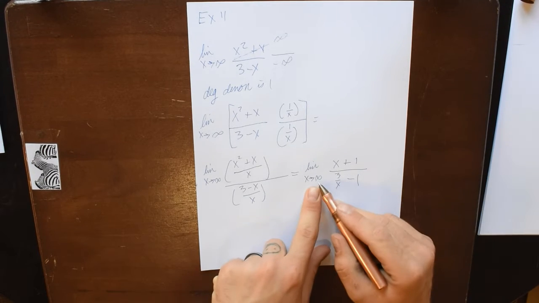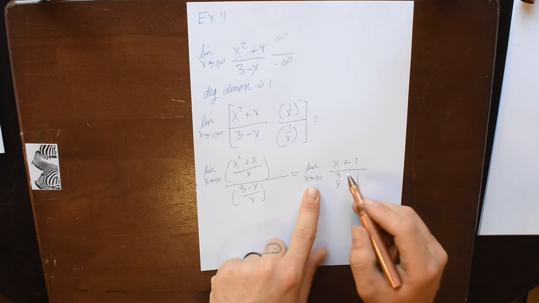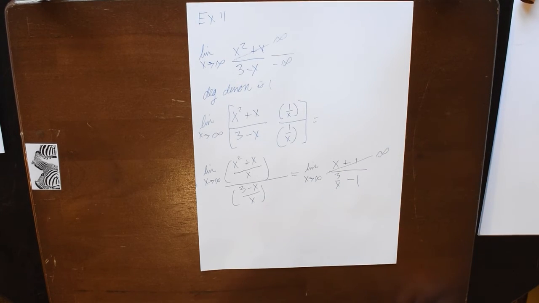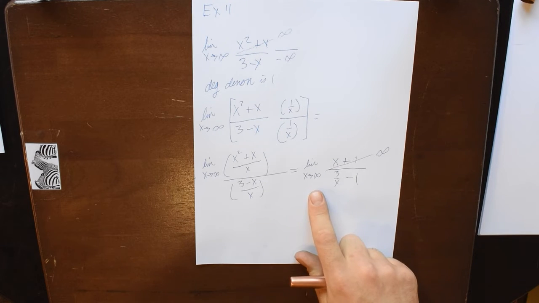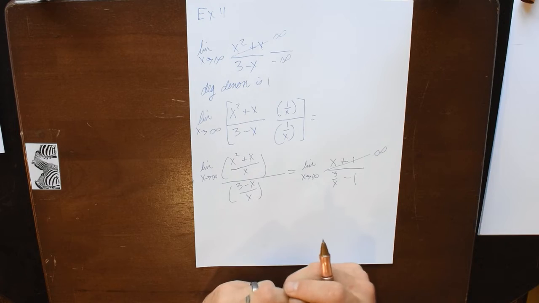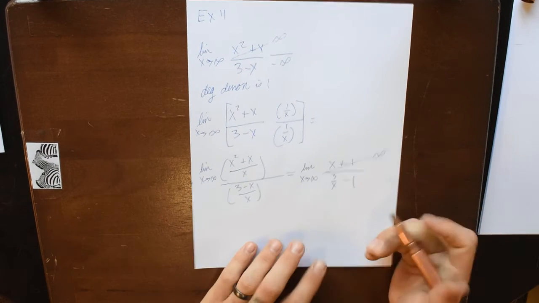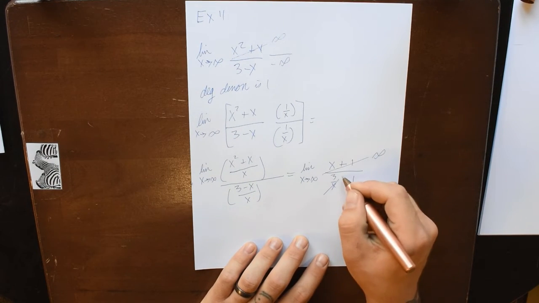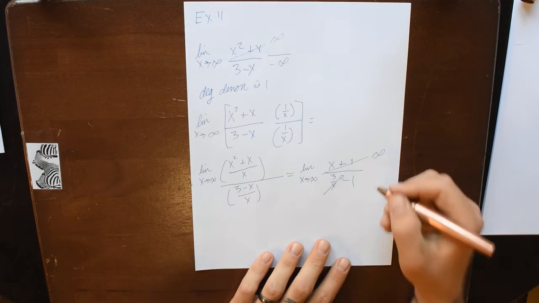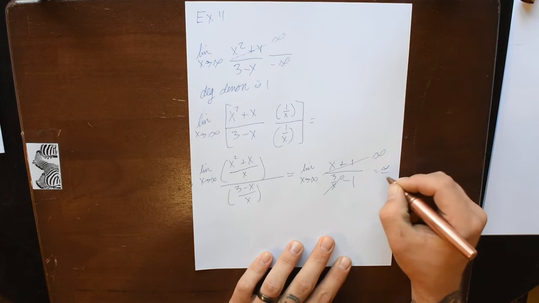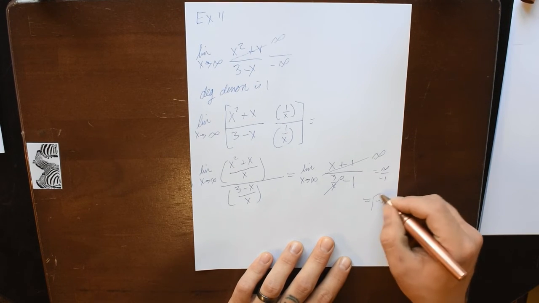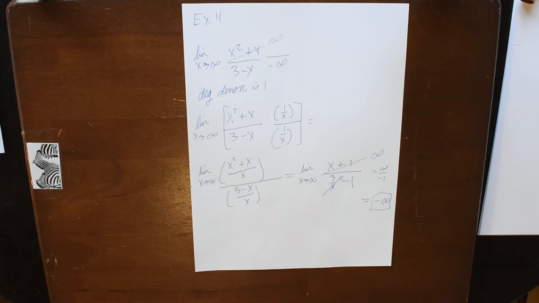Now, as we let x increase without bound, x plus 1 gets huge. In fact, it limits to positive infinity. And as x gets really big, 3 divided by x becomes very small. That denominator is growing without bound and the numerator is staying the same, so that's going to tend towards 0. So we get an infinity divided by negative 1, or a negative infinity for our answer.